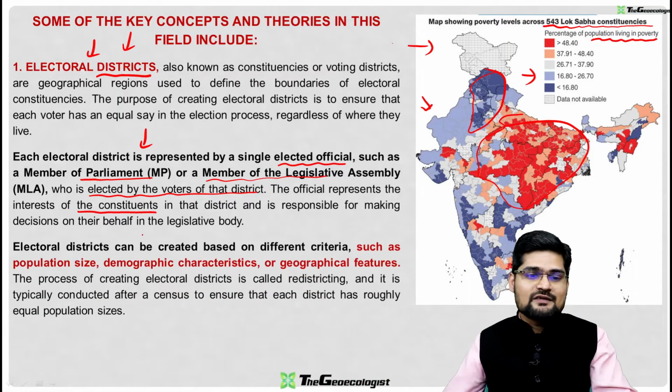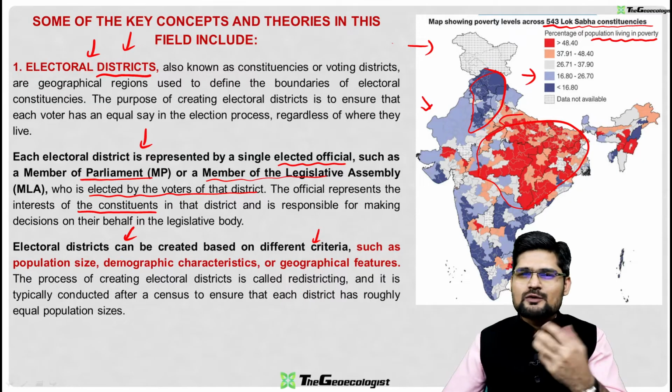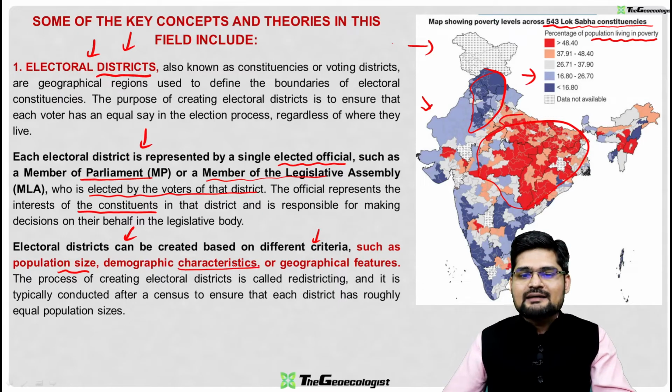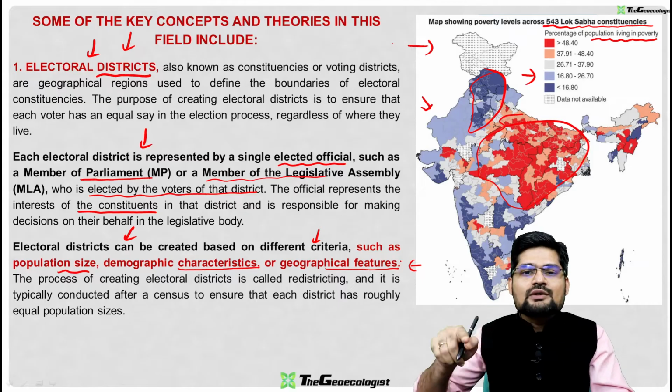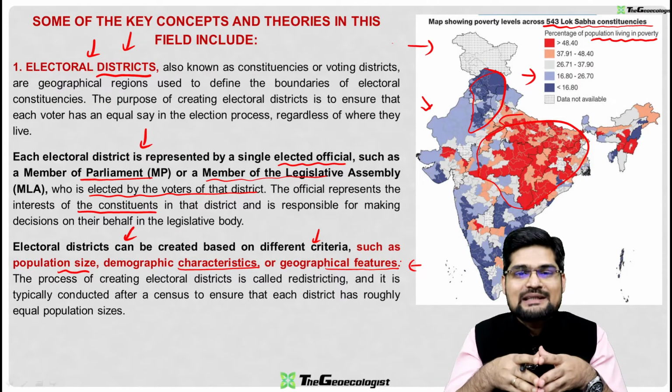So what you observe, electoral districts can be created based on different criteria. So what could be various criteria? For example, population size, demographic characteristics, or geographical features. This is which demarcates or delineates these constituencies, right?